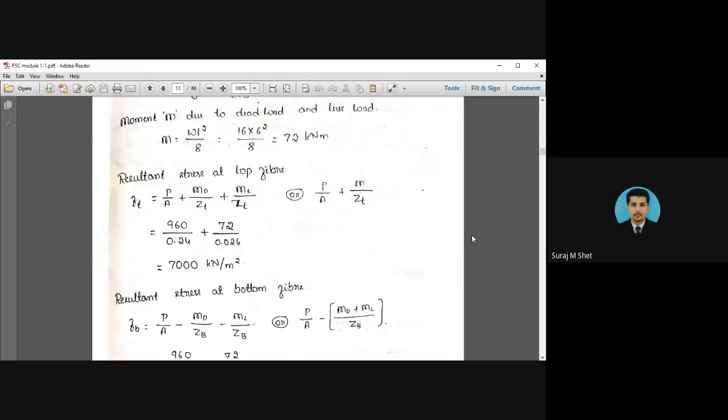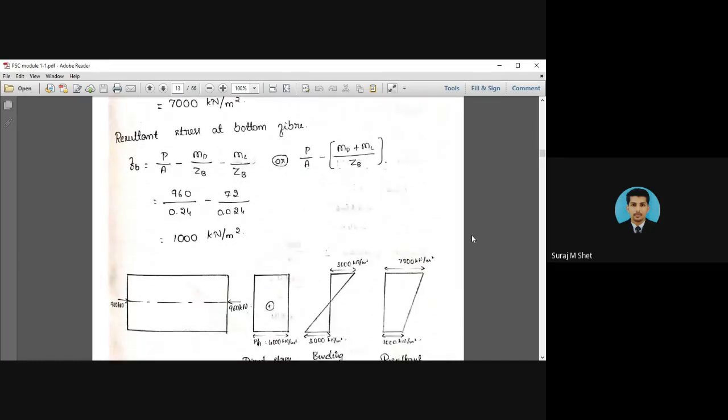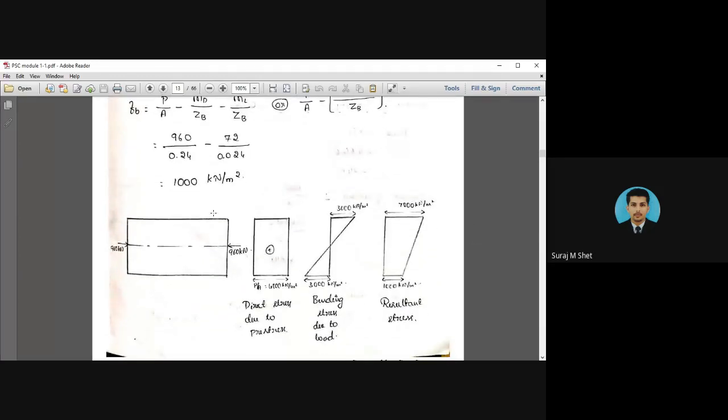If in the exam they ask for the stress distribution diagram, then only you have to draw this, or else there is no need to draw it. So this is your beam, a rectangular beam of 400 into 600 dimension, and 960 kilonewton is acting here.